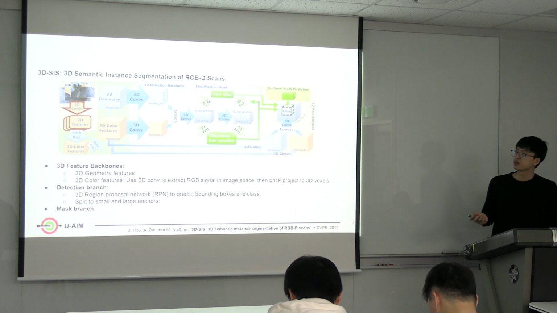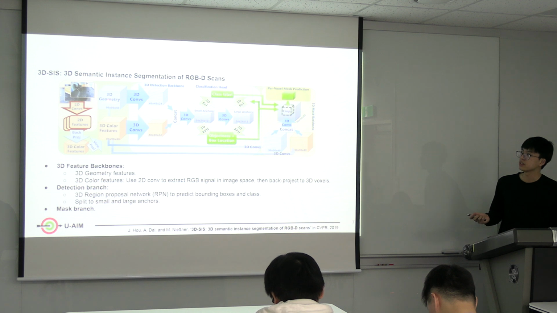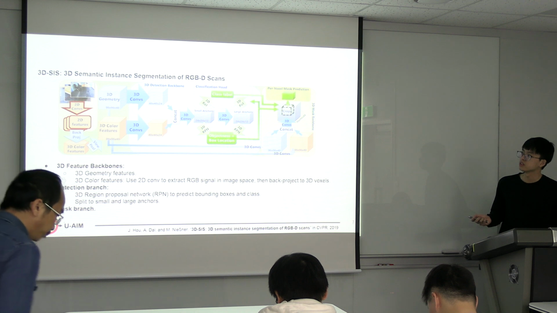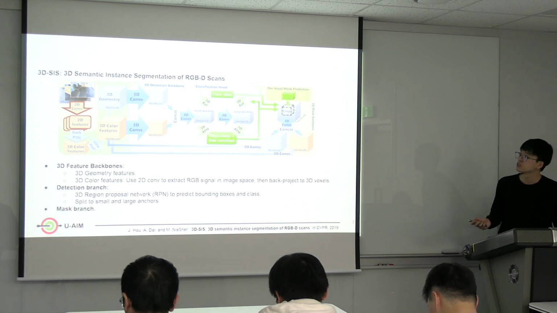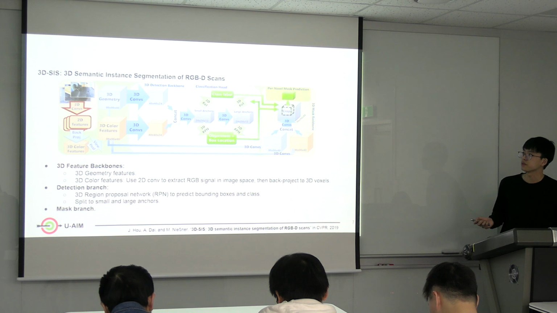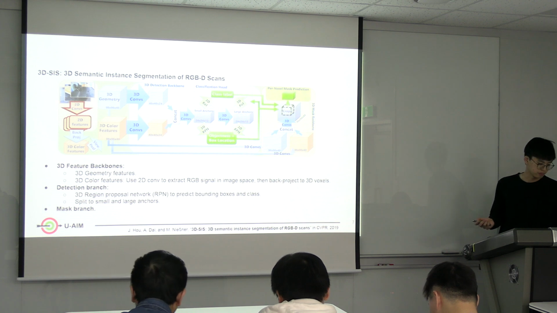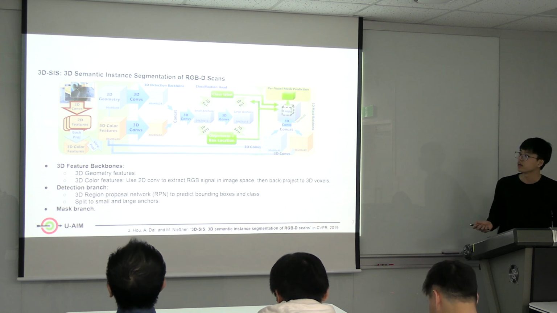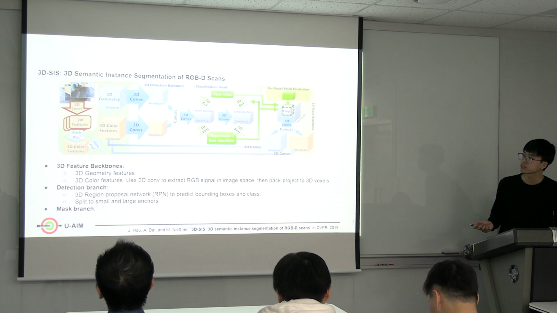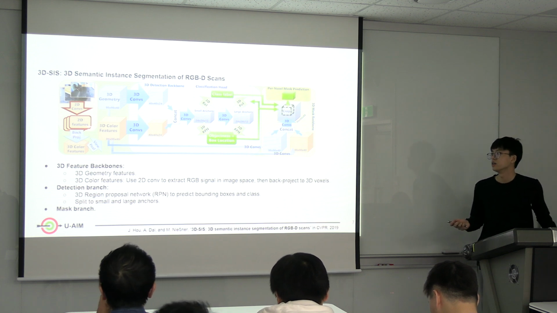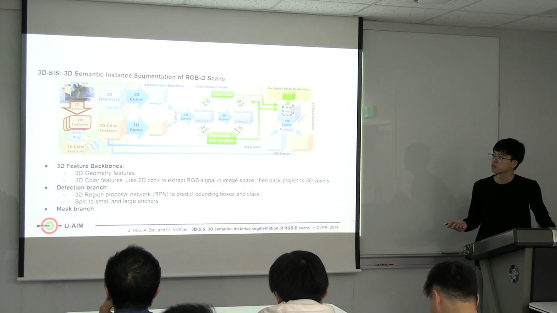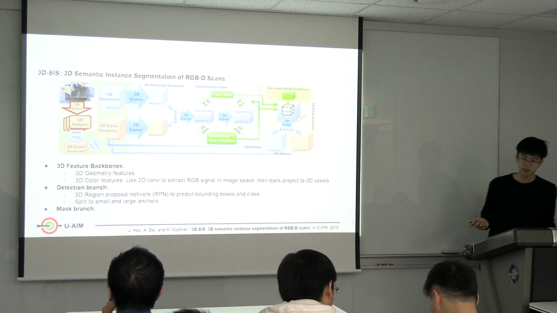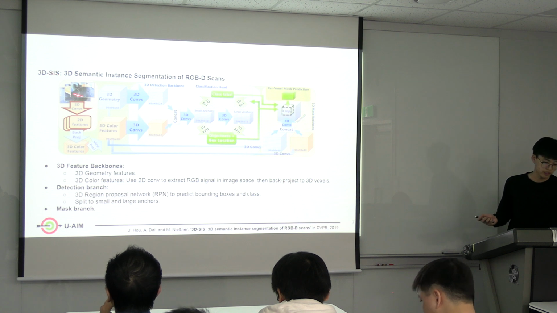Because the resolution of the image is higher than the voxel resolution, they first apply the 2D convolution. This is the 2D backbone that they present, and they extract the 2D feature, and with back projection, they map the 2D feature into the corresponding voxel. So they get the 3D geometry feature and 3D color feature.